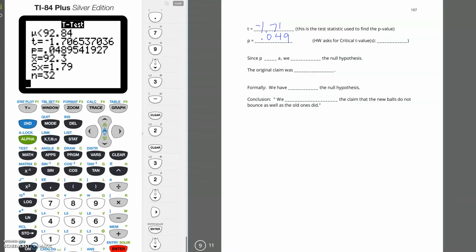The critical values come from a table, so don't worry about this. If it comes up, let your instructor know and they can take that off.